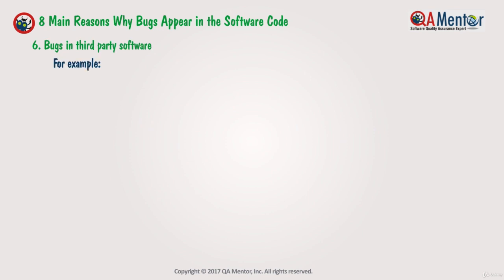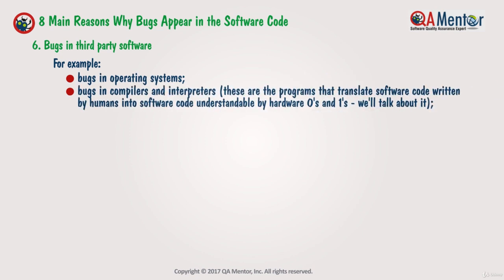For example, bugs in operating systems, bugs in compilers and interpreters. These are the programs that translate software code written by humans into software code understandable by hardware, zeros and ones. We'll talk about it. Bugs in web servers, bugs in databases, bugs in software libraries.